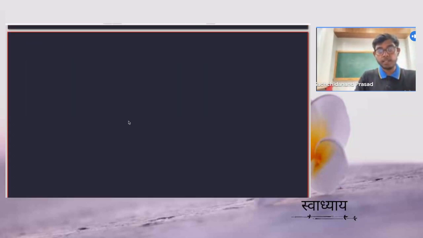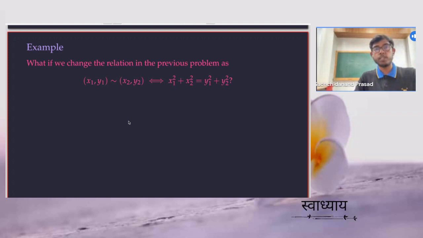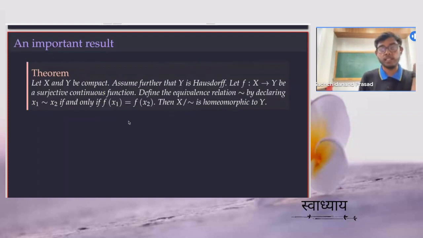Maybe I'll discuss the examples. Let's write this result that I was telling: if X and Y are compact, assume further that Y is Hausdorff. Let f from X to Y be a surjective continuous function.